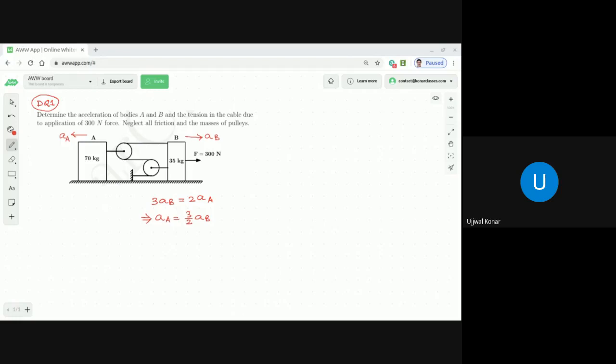Now, how can we find the value of AA? It is a 300 Newton force and the total is coming as 3T, correct?